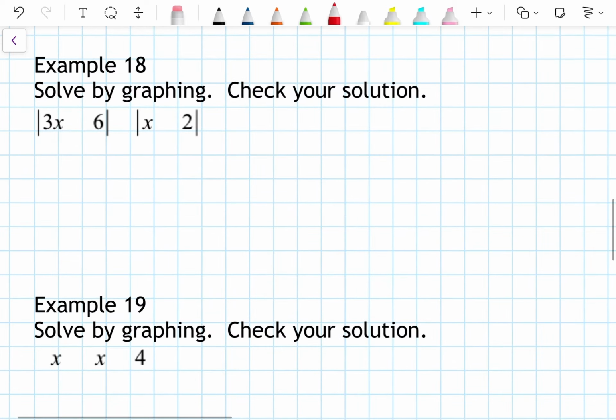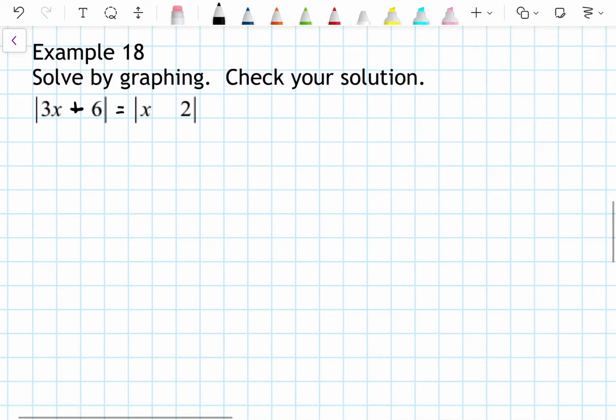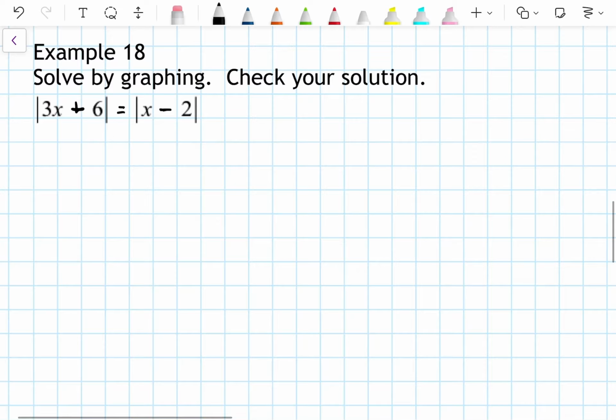Let's look at example 18. Let me scooch this so that we have more space. This should be 3x plus 6 equals x minus 2. So I'm going to have y equals the left piece, and I'm going to graph it, and then I'm going to graph the right piece.